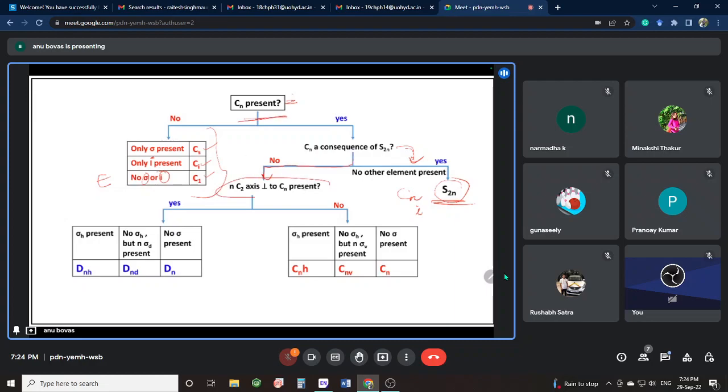Then the question we should ask is whether nC2 axes perpendicular to Cn are present or not. Like in the case of PF3, it had one C3 and 3C2. So a Cn axis is present, and perpendicular to that we had nC2 axes, meaning 3C2 axes. If the answer is yes, then the first letter of the point group will be D. If not, the first letter of the point group will be C. Like in water, it does not have nC2 axes perpendicular to the principal axis.